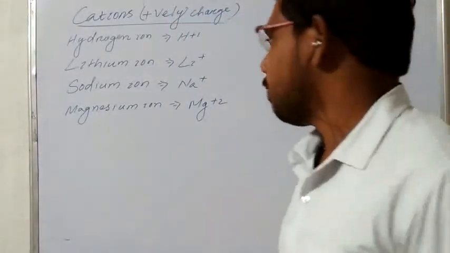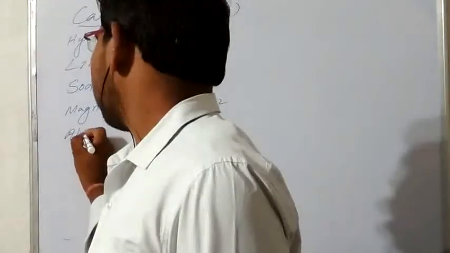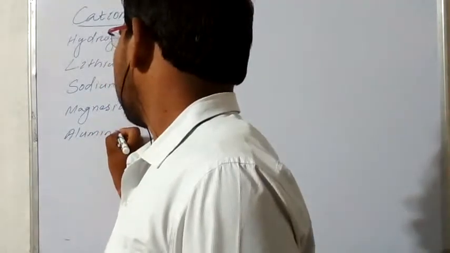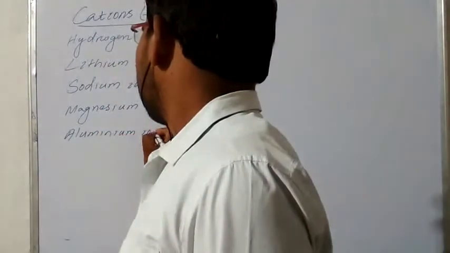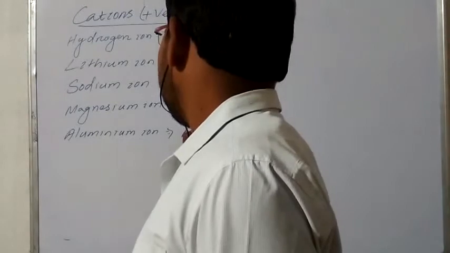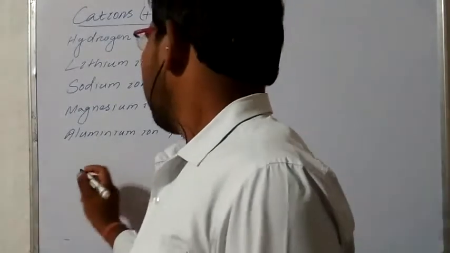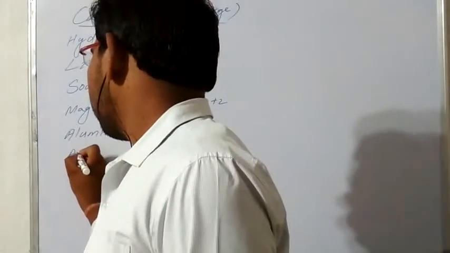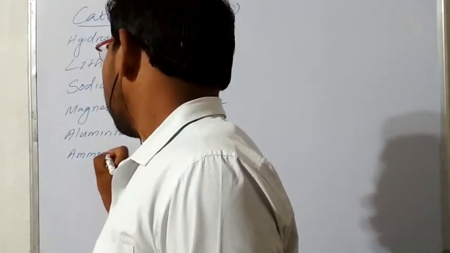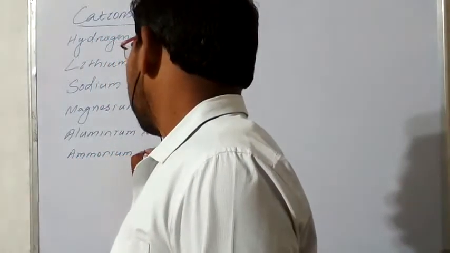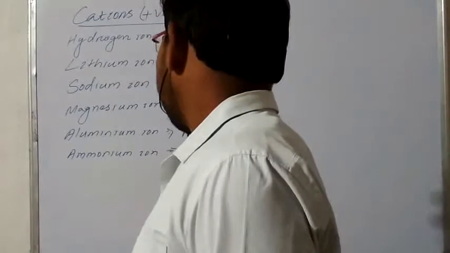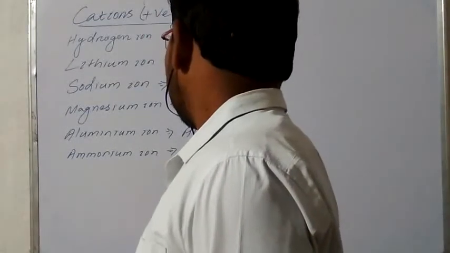And after magnesium, this is the aluminum ion, that is the Al plus 3 ions, and ammonium ion, that is NH4 plus ion.